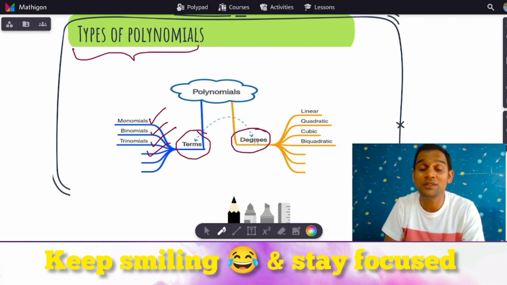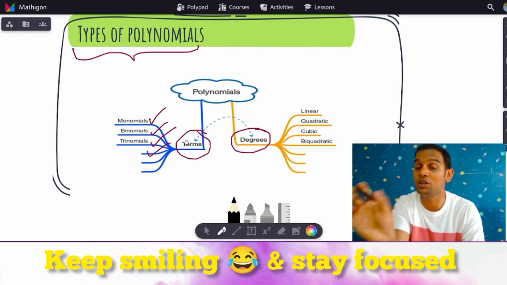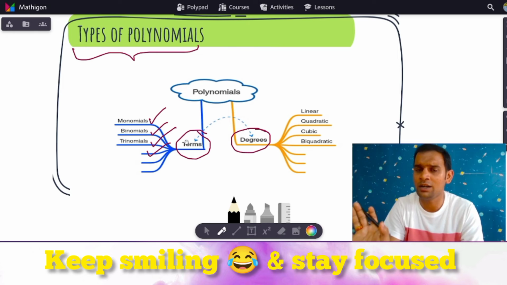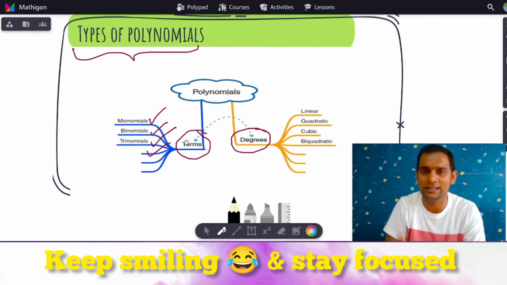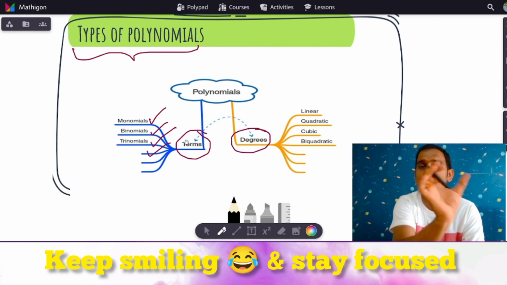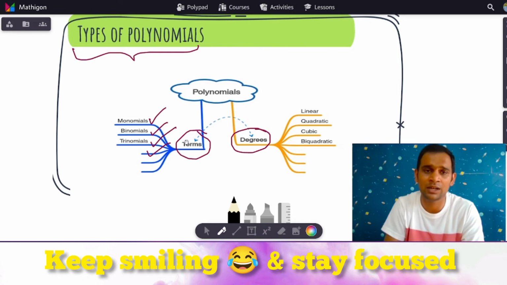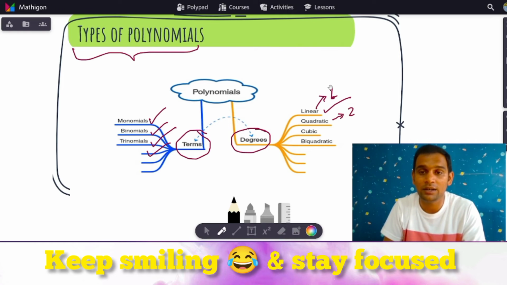Now, according to the degrees of a polynomial. First was the number of terms, and I hope you are able to understand the difference between terms and degrees. Degree is the maximum power, while terms is how many different terms there are in that particular polynomial. So according to degrees, we have a linear polynomial if the degree is 1. If the degree is 2, it is called a quadratic polynomial.